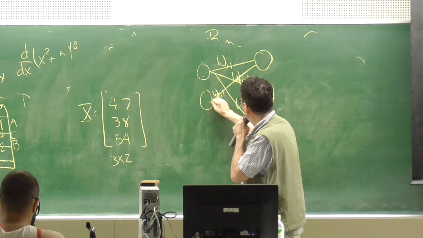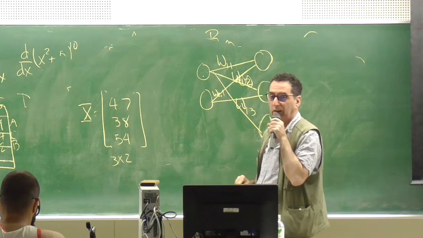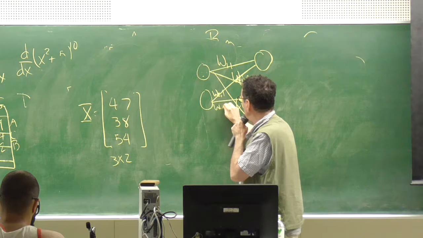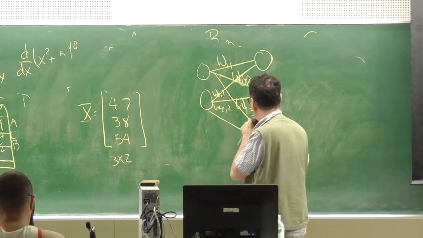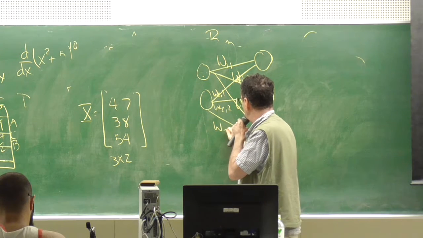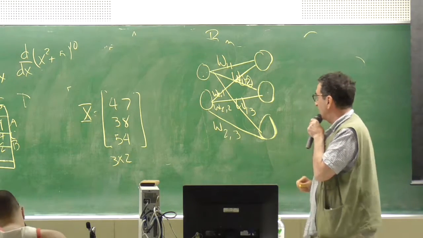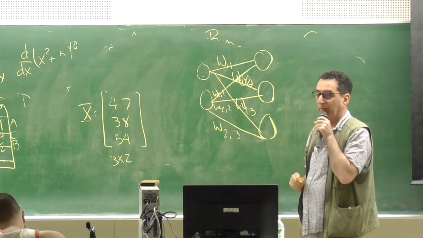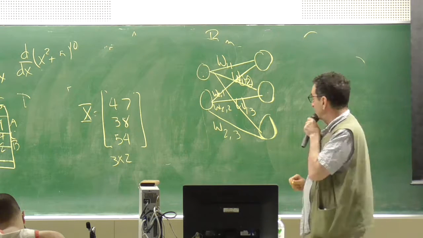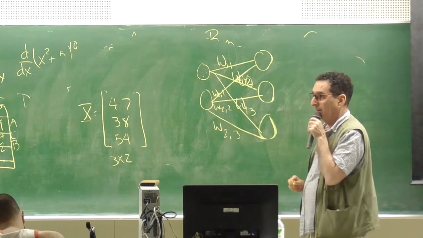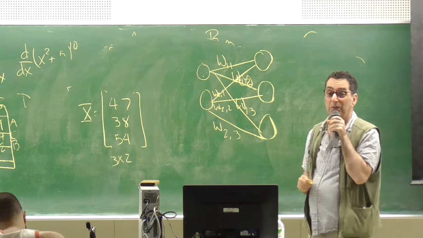And this one is going to be called W22, and this one, if I'm doing it right, is W23. Okay, so how many weights do we have? We have 6, right? So we're going to put those into a matrix.